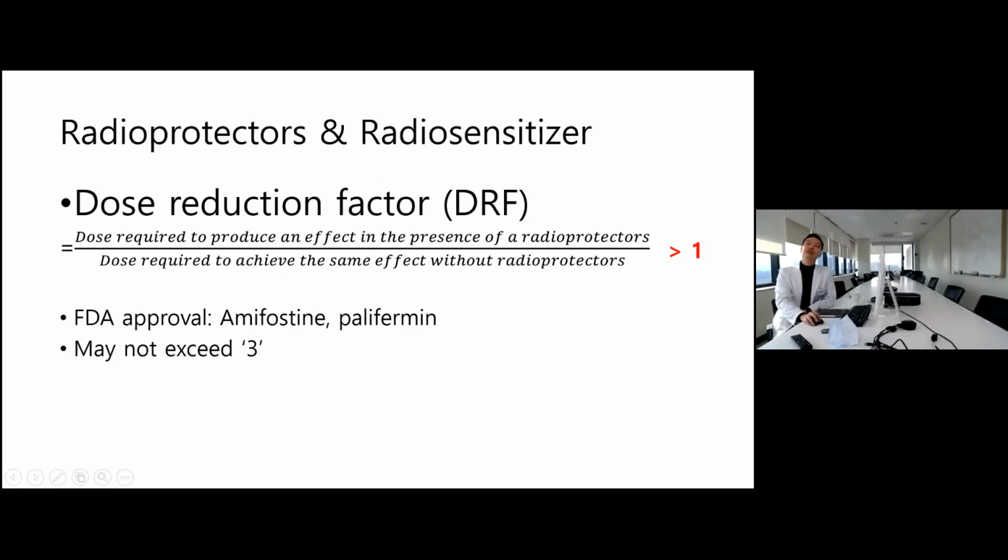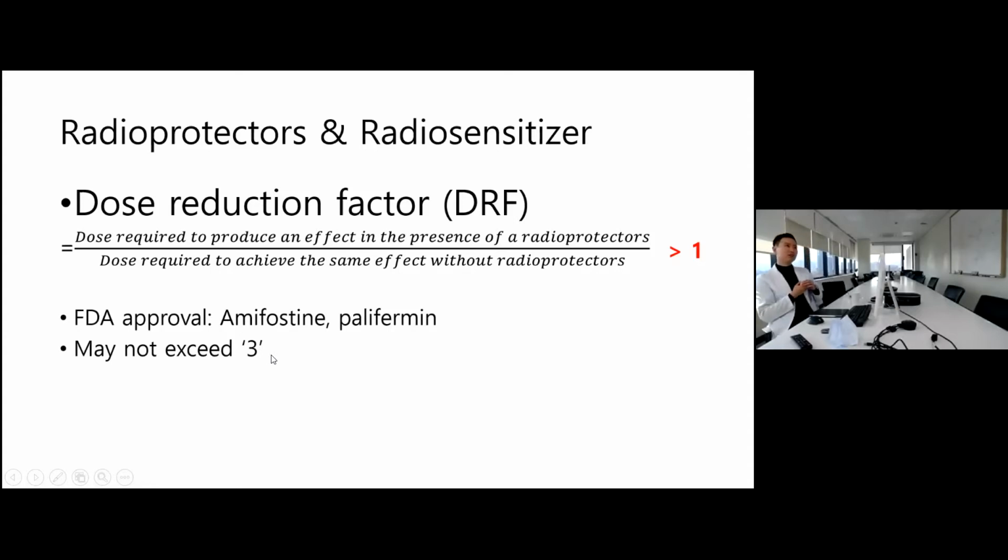So this DRF should always be higher than 1 to have a protective effect. For now, the FDA approved radio protectors are amifostine and palifermin. However, this DRF may not exceed 3.